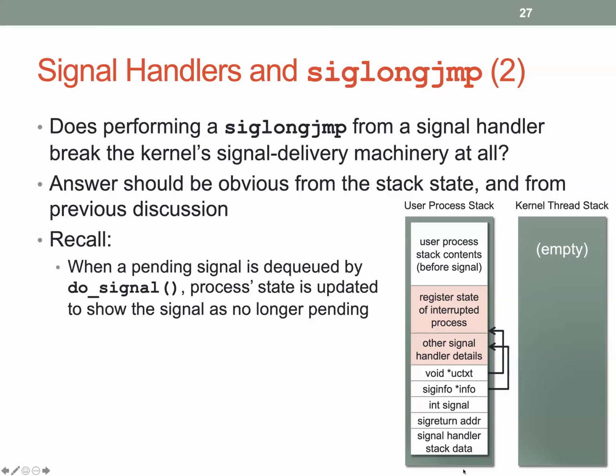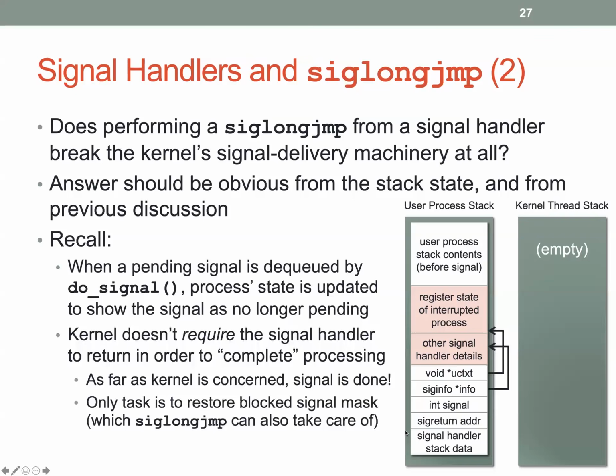We remember that we have this sigreturn thing that goes back into the kernel and then back out. And that won't run if we longjmp out of the signal handler. But that's fine because as far as the kernel is concerned, the signal no longer needs to be delivered. It's already taken care of. And so the kernel doesn't require that the handler complete in any way to actually complete the delivery of the signal. Okay.